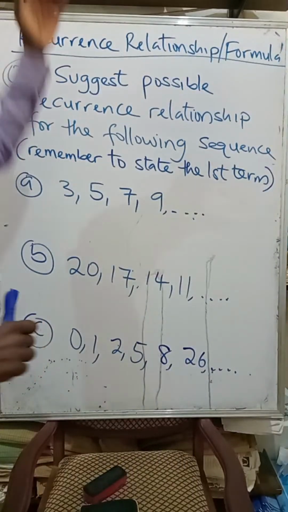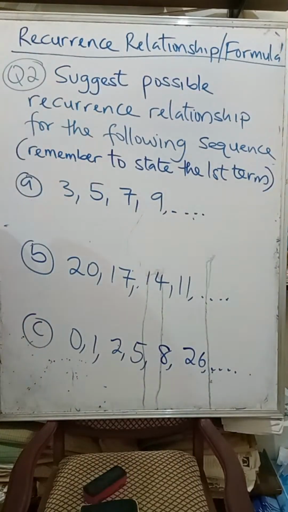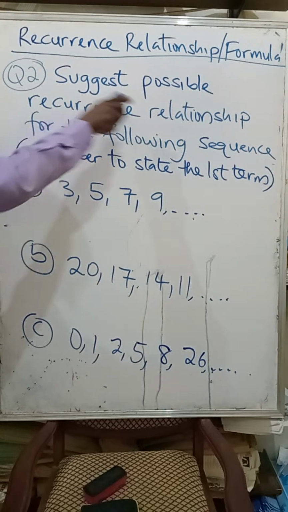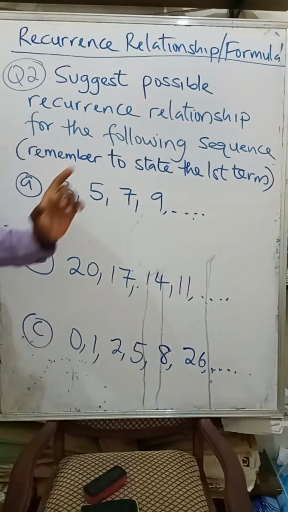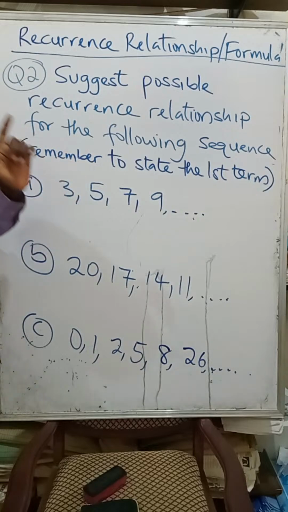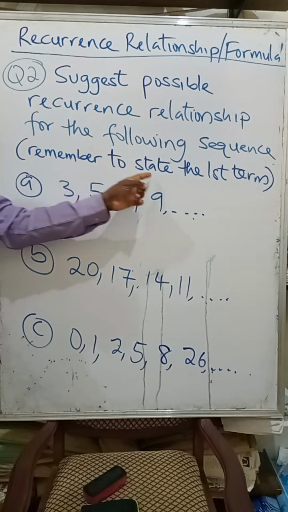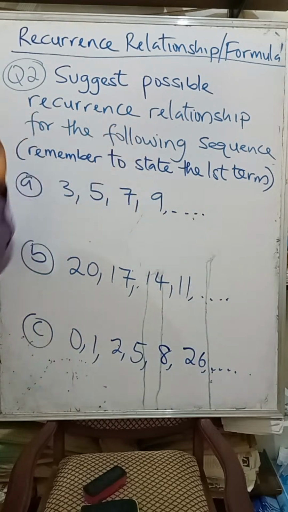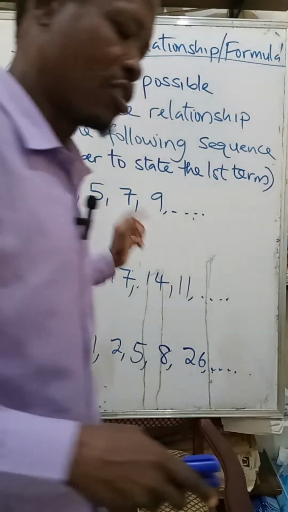In the previous question, we were given the recurrence formula. But in this case, we are told to generate that formula. Suggest a possible recurrence relationship, and remember to state the first 4 terms. That's the instruction there.